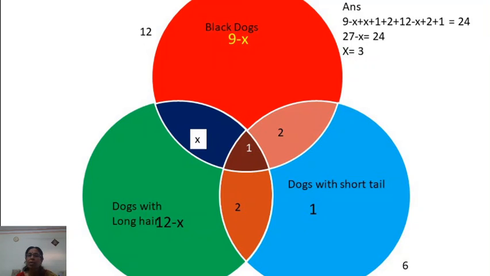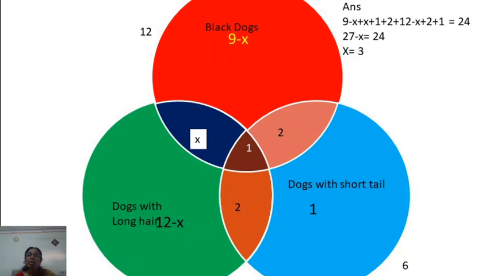It is given in our question that one dog is black, has long hair, and also has a short tail. So this is 1. We have to find the number of dogs that are black with long hair. Let this be x.